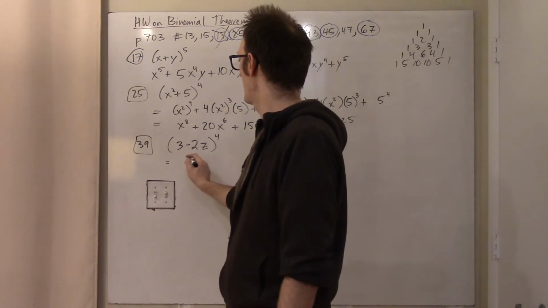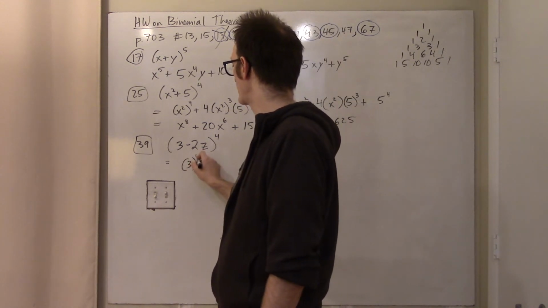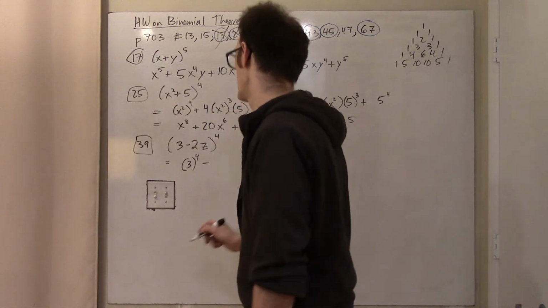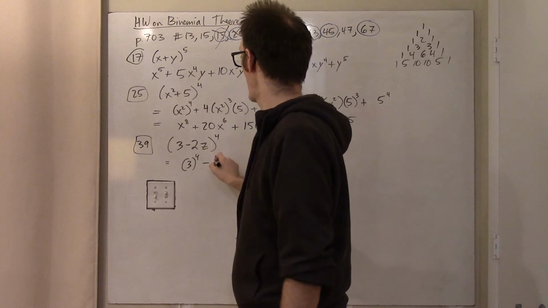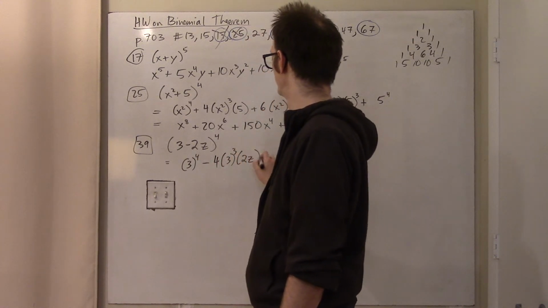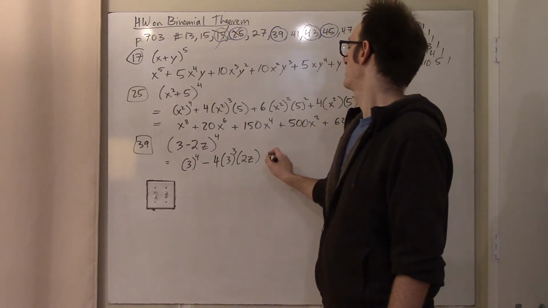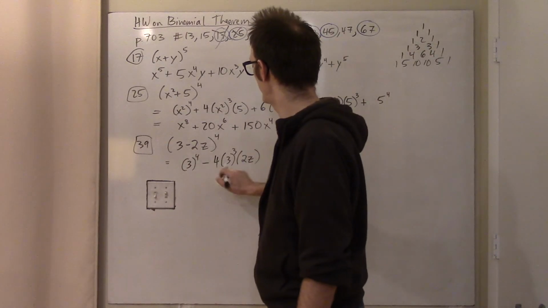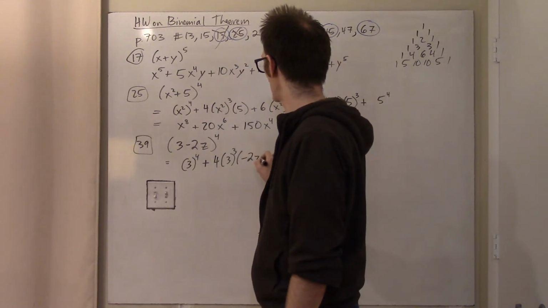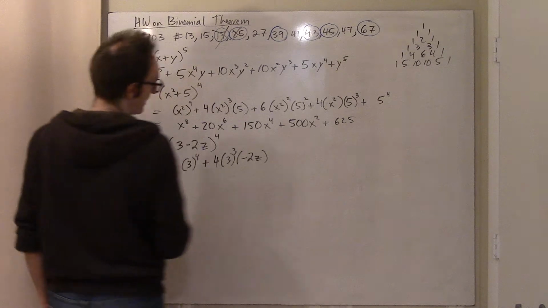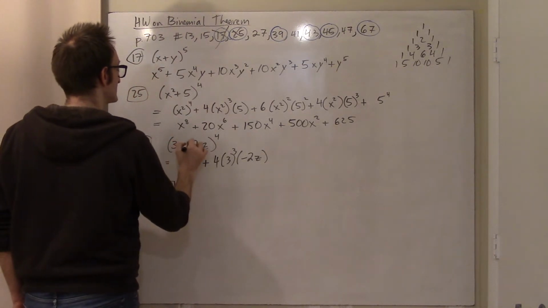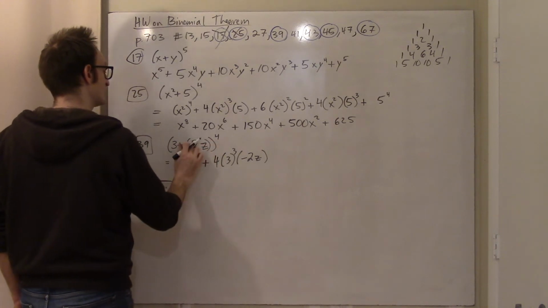It's going to be 3 to the fourth, minus 4 times 3 cubed times 2z, plus, if you want to, you can think of it as all being plus. Maybe it's better to think of 3 minus 2z as 3 plus negative 2z. I don't know if you like that better or worse.